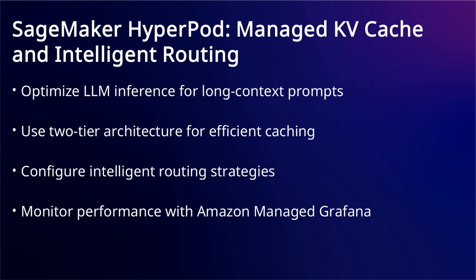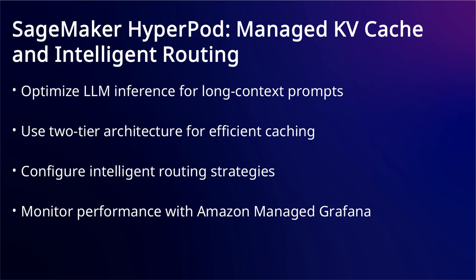SageMaker HyperPod introduces features to address the challenge of slow response times and high costs in LLM inference for long context prompts and multi-turn conversations. The managed tiered KV cache optimizes inference by caching computed values in a two-tier architecture, combining local CPU memory and cluster-wide storage.